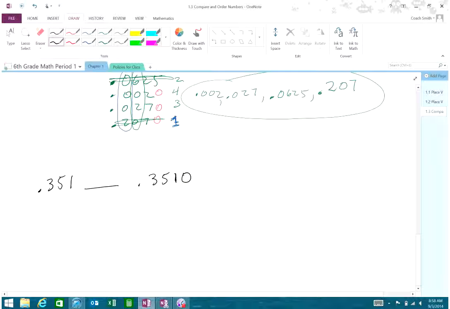All right, those two numbers. Which sign will go in the blank? The less than sign, the greater than sign, or the equal sign? Figure it out. When you have the answer, raise your hand.